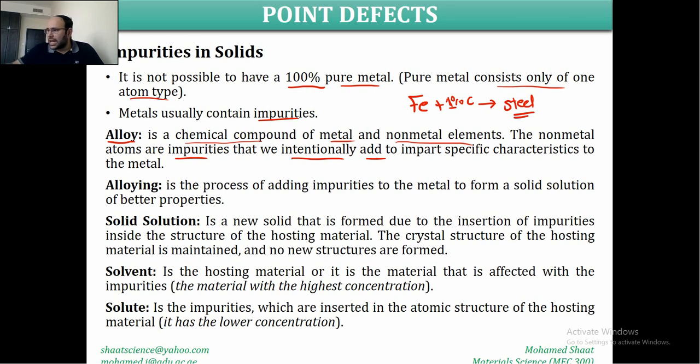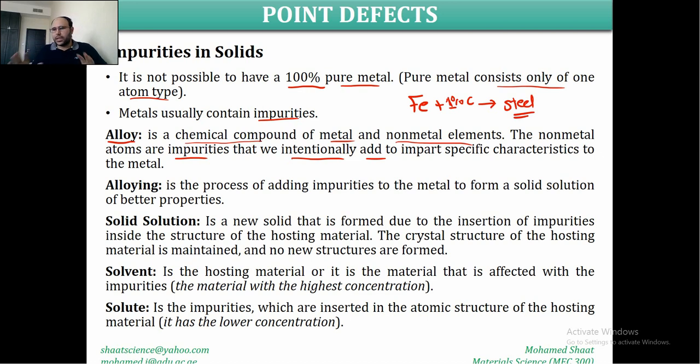Stainless steel is one of the types of steel which can withstand stains. So all of these impurities, when we add them to the pure metal, give value to this material and make it more expensive. Steel is much more expensive than Fe, than the pure metal. Make sense? So this is the value of alloying.